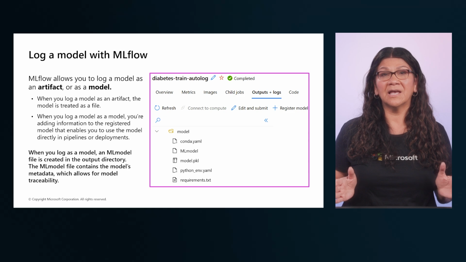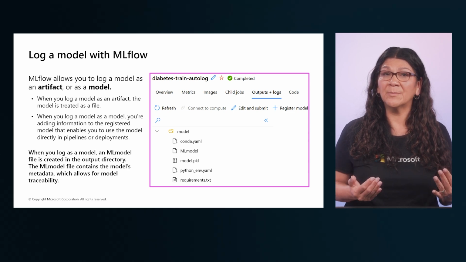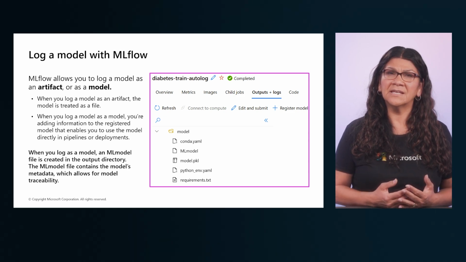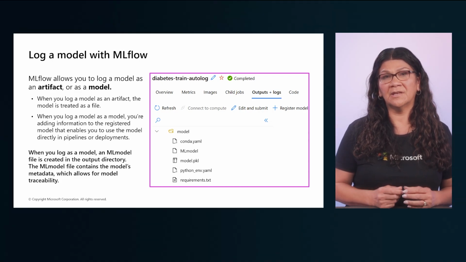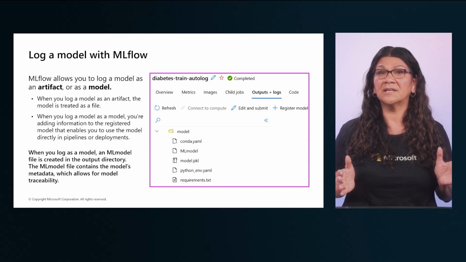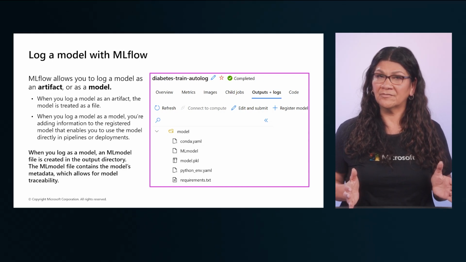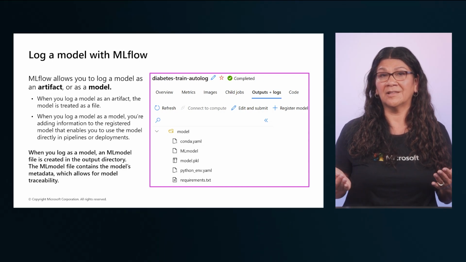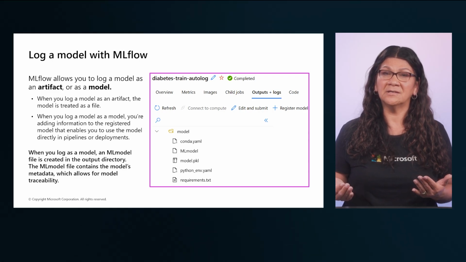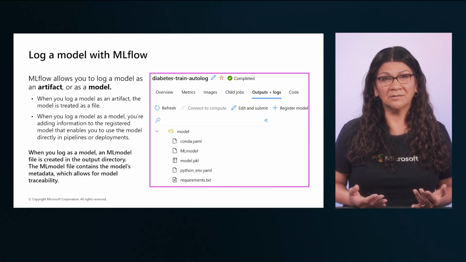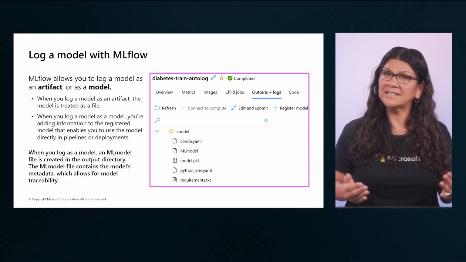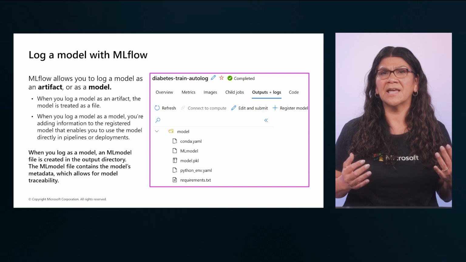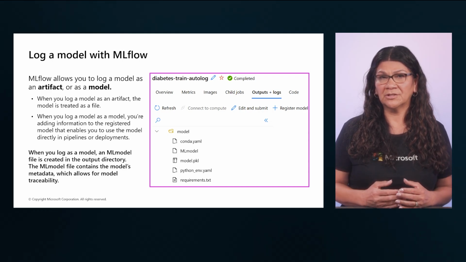Now we see how MLflow logs trained models during the experiment, giving you a clear path from experimentation to deployment. MLflow can store a model in two ways: as an artifact, just a file like model.pkl, or as a registered model, which adds structured metadata and makes the model easier to track, version, and reuse in Azure Machine Learning.